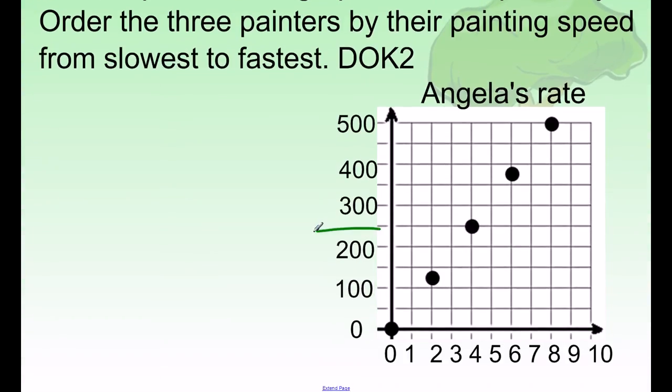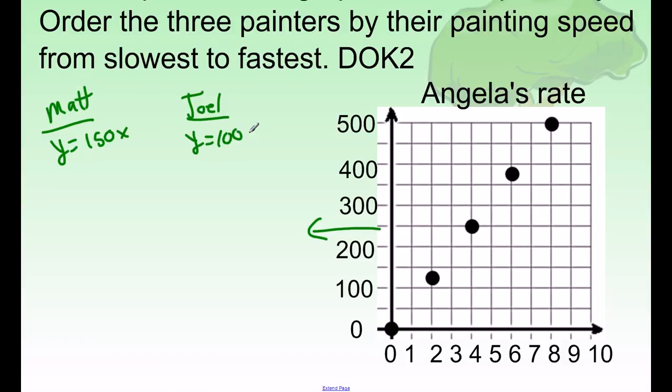So we're going to turn Angela's graph into our equation again. So let's see. Matt was y equals 150x. Joel is y equals 100x. And Angela. So to turn this into an equation, we need slope and a point.